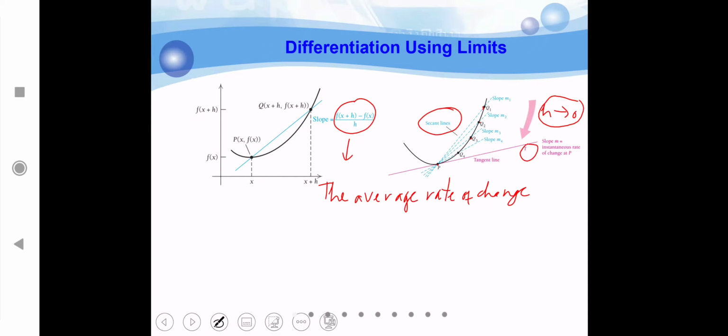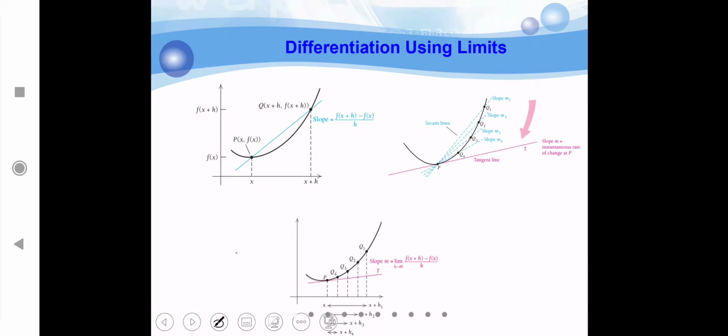PT is a tangent line. Secant line tends to tangent line. Okay, so we imply the slope of the secant line tends to the slope of the tangent line.